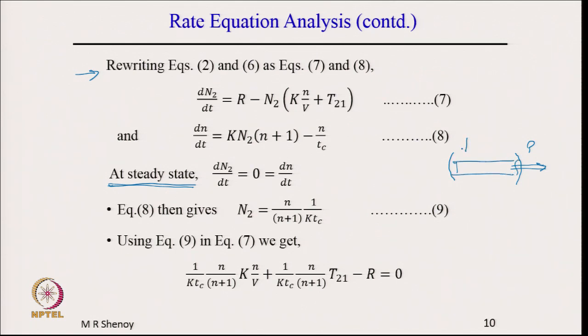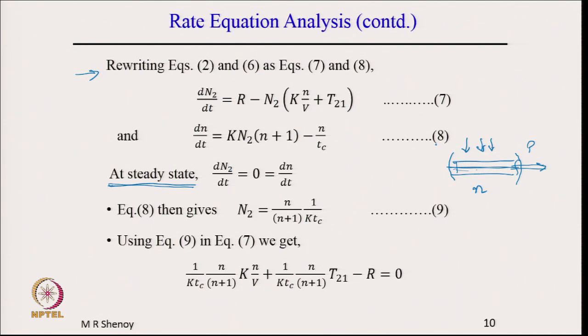So, there is a steady state, there is a pump and the laser is oscillating here and giving out steady state output power. Therefore, it has a certain n, but the n is constant and therefore, dN by dt is equal to 0. Similarly, dN2 by dt is also 0.